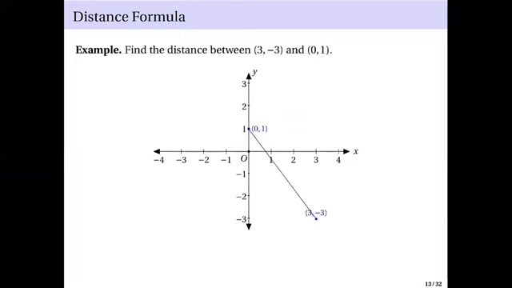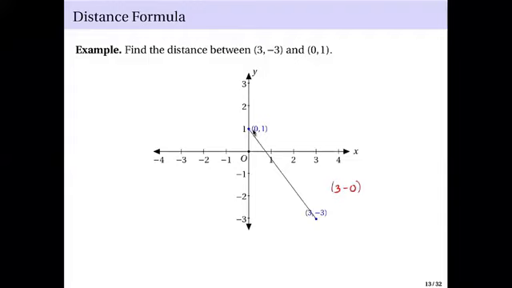Let's look at another example. So we will not draw the triangles here anymore. You have the point 0, 1, and then you have the point 3, negative 3. Find the distance between the two. You have the x-coordinate here minus the x-coordinate there.